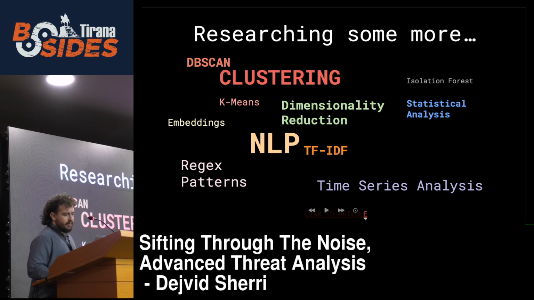One of them is actually linked here, so if anyone wants to take a look at this article, if you get the slides later, you can check it out, because a lot of these things are very extensive and would be very hard to explain in 30 minutes. But essentially, this is a high-level overview of the different ways we can do some sort of automatic analysis for this data.